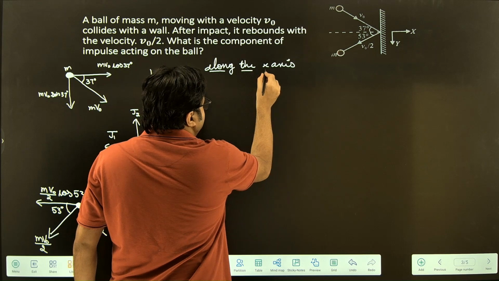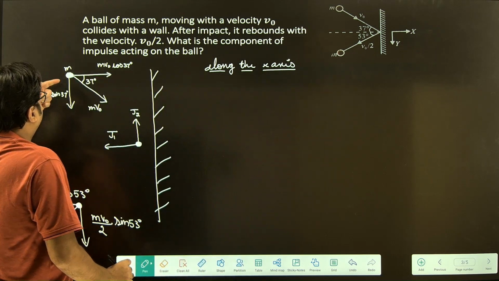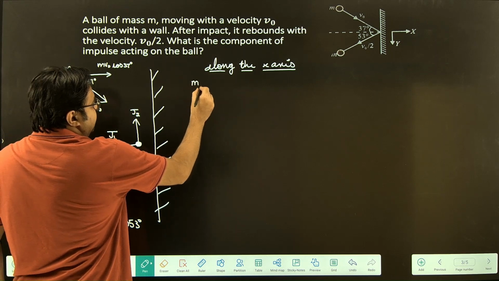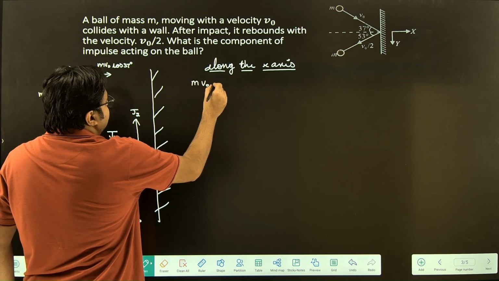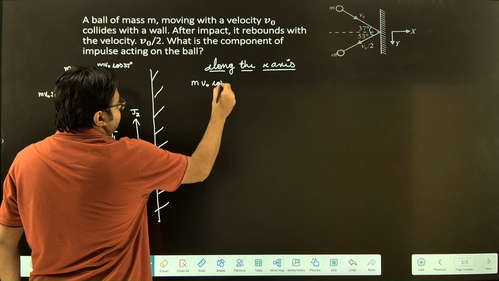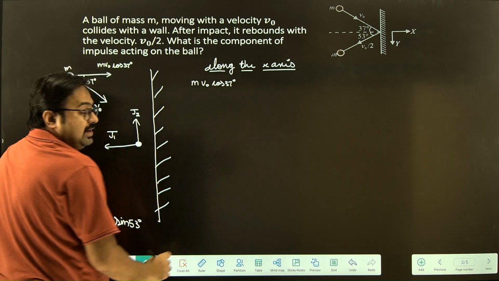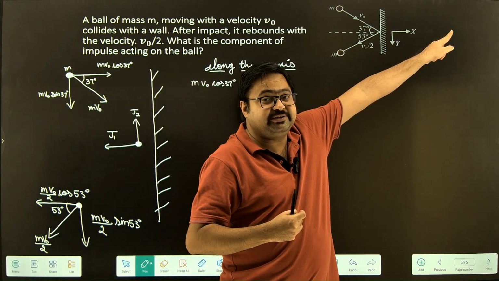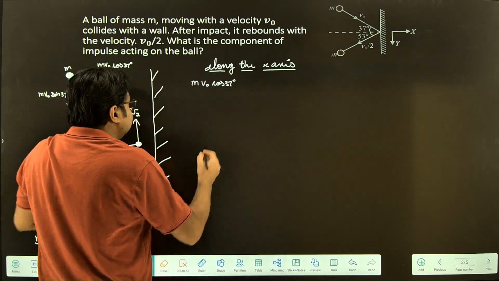We have the initial momentum mv naught cos 37 degree, and then it receives an impulse in the negative x direction, because positive x is that way, negative x is this direction.